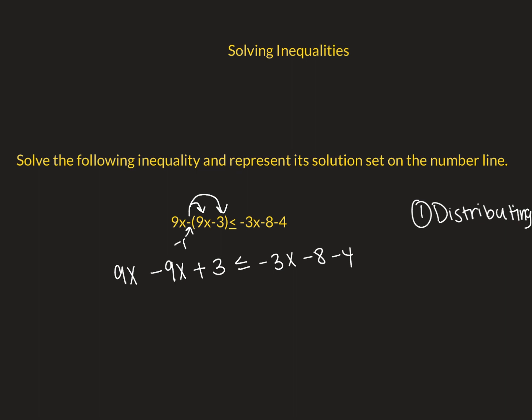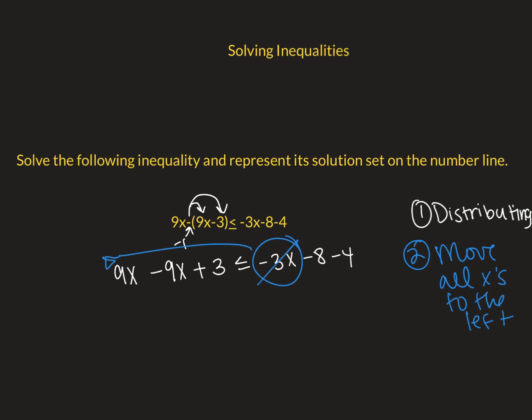Now my next step is going to be to move all my x's to the left, just like before. That means that negative 3x that's on the right side, I no longer want it there. I want it on the left side over here, so I'm going to write it right there on the left with all the other x's.